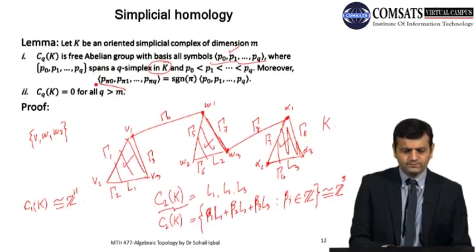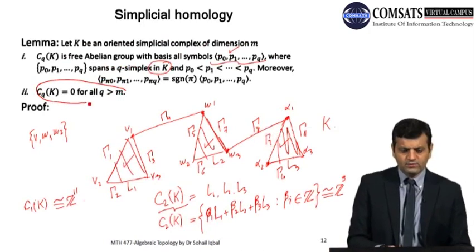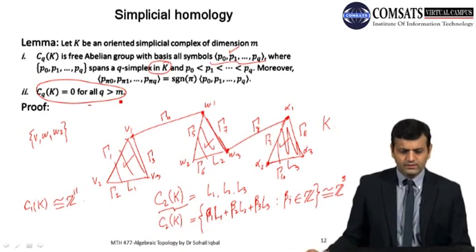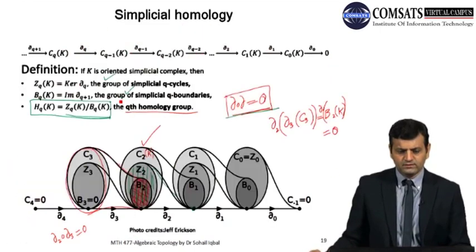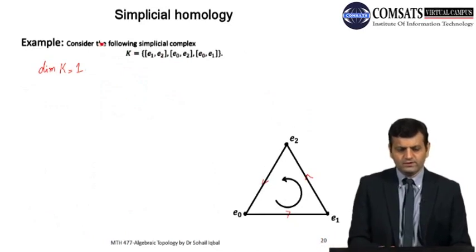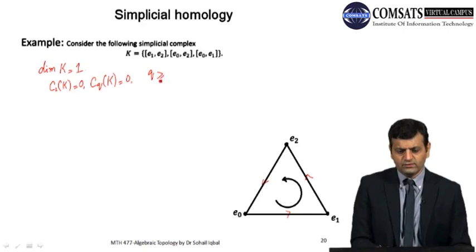According to this result, C_q of K is 0 whenever q is greater than the dimension of K. Which means that when we are calculating the homology of a simplicial complex which has dimension 1, then C_2 of K is 0, and of course C_q of K in general is 0 whenever q is greater than or equal to 2.